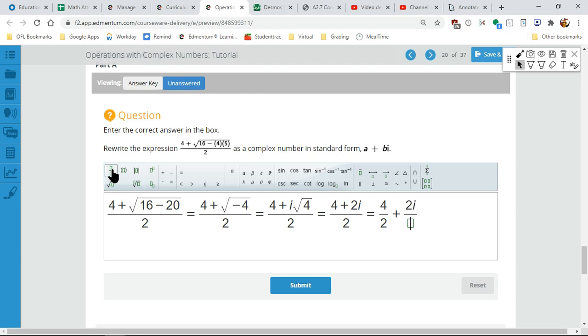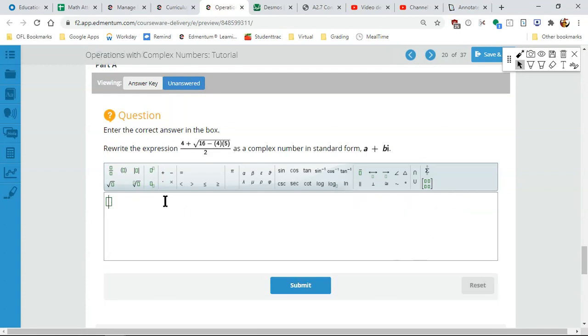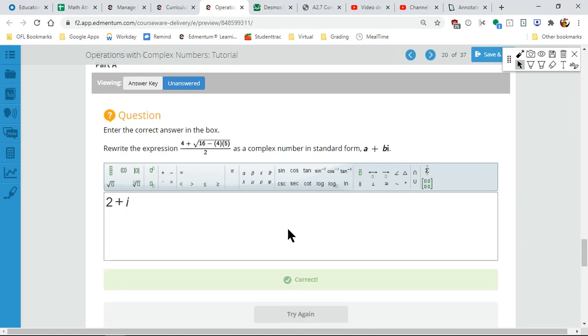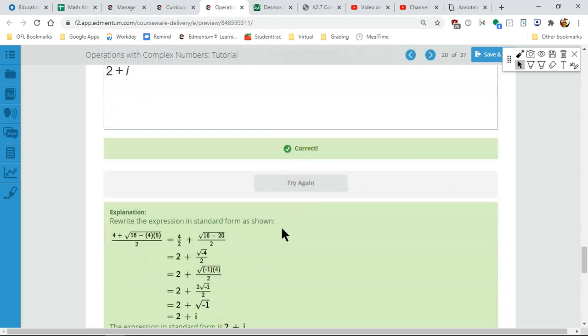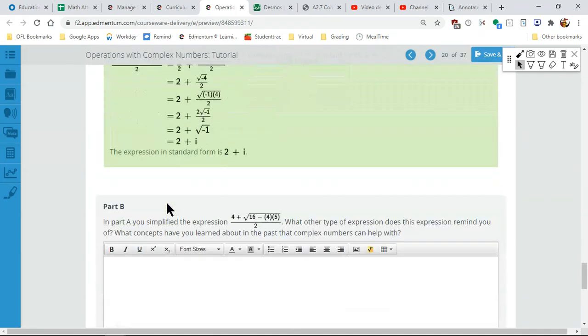I'm just doing it for your guys' benefit so you guys can see where it is. If you want, you guys can go straight to 2 plus I. And I have a feeling because this is a graded activity, they only want you to do the 2 plus I. Yep. I really hate these because then you guys forget that you're supposed to show your work for the unit activities. So this is just 2 plus I. They even show all the work here, but they don't accept that as an answer. So always do your work on scratch paper.